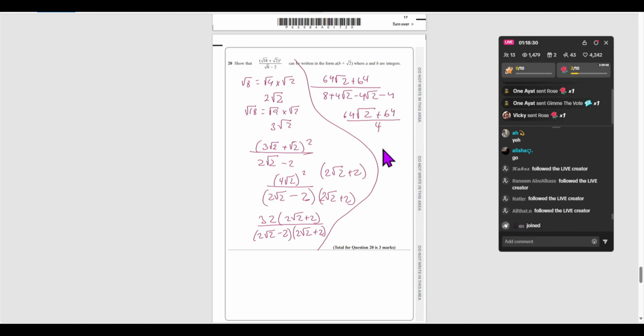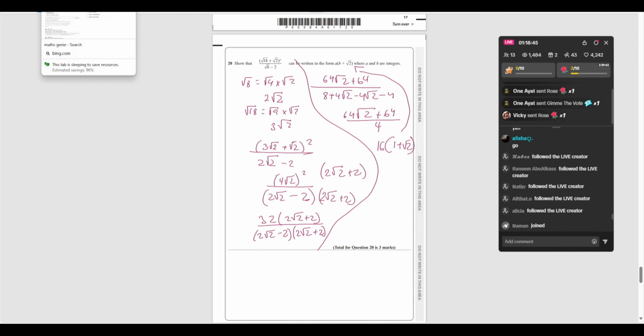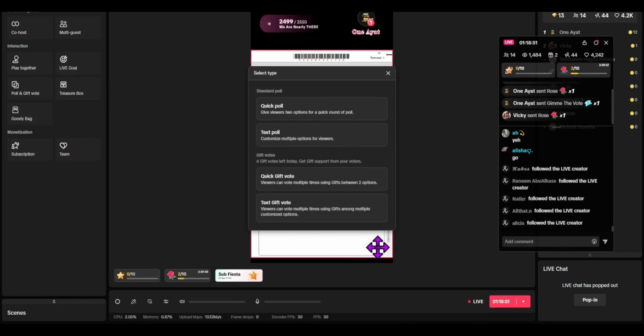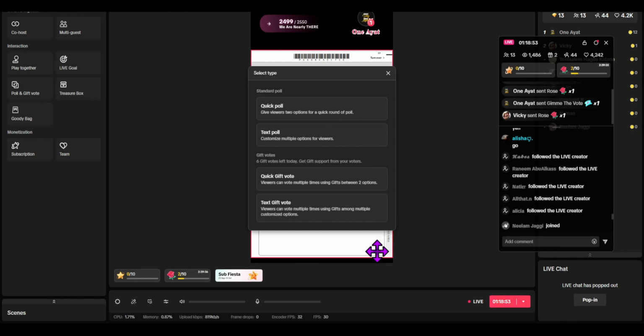And then a final answer would be 16 times (1 plus root 2). As you can see, it is the exact form that we wanted it to be. Okay? So does everyone understand? Okay, let's move on to the next question.